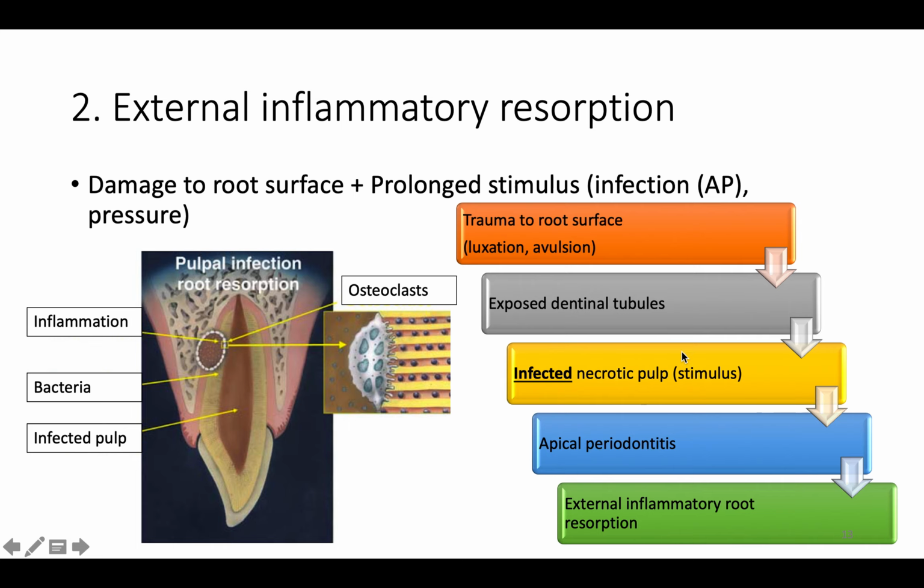Because the dentine is exposed now, the RGD sequence is exposed, and the odontoclasts can attach themselves to the root surface and start the resorptive process.